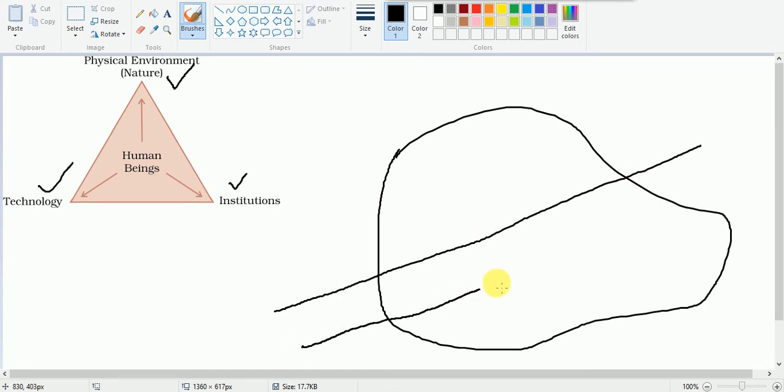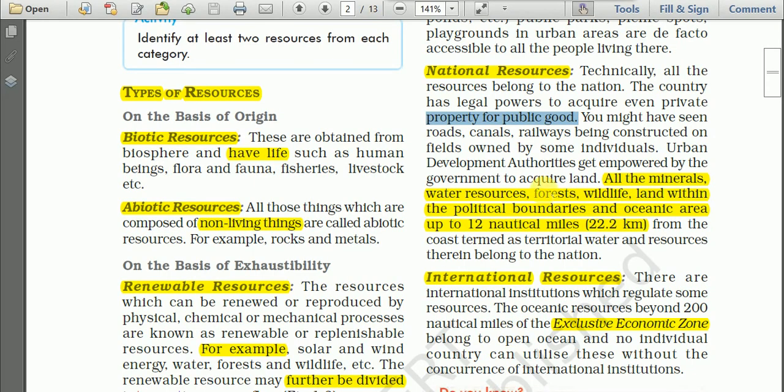Then the government has the right to acquire your plot of land, your plot of this agricultural field. That is the point mentioned here. The country has legal powers to acquire even private property for public goods.